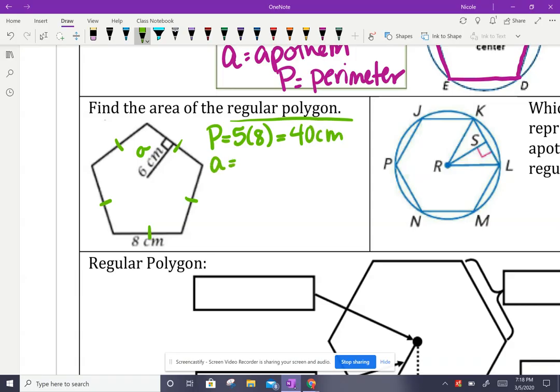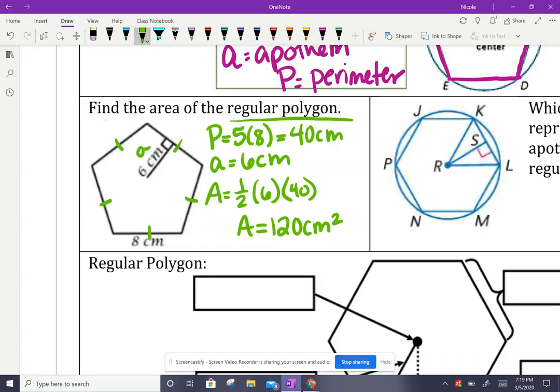My apothem is 6 centimeters. For the area, I take 1/2 times 6 times 40, and we get that our area is 120 centimeters squared. Again, we're dealing with area, so your units of measure have to be squared.